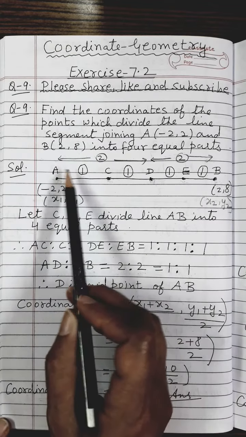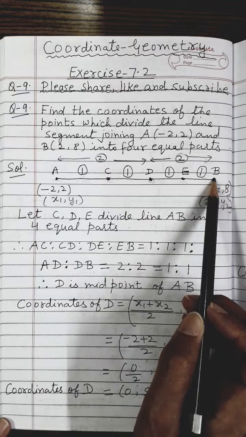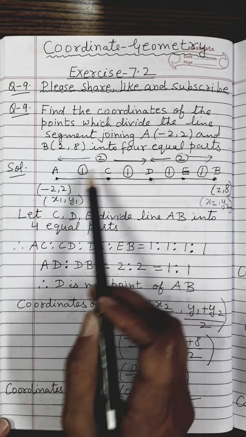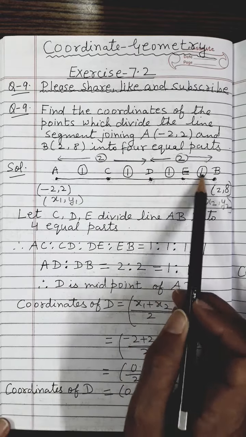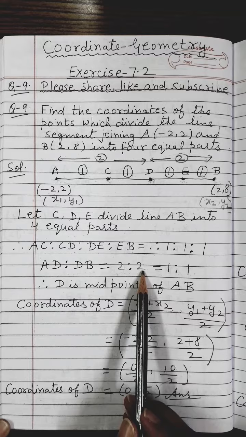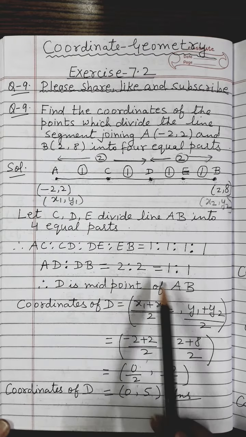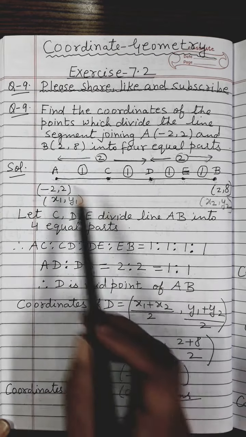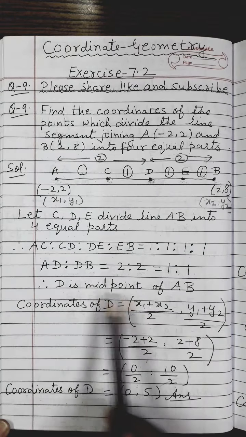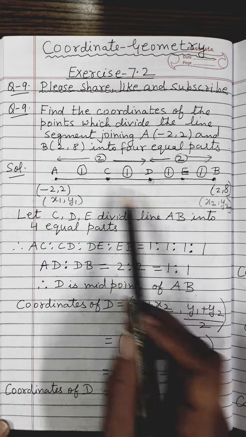So AD is to DB will be equal to 2 is to 2. This 2 comes from 1 plus 1, and this 2 comes from 1 plus 1. If I cancel out the common factor 2, we will get 1 is to 1. So AD : DB is 1 : 1. It means that D is the midpoint of AB.